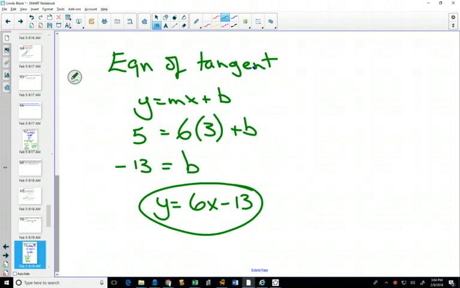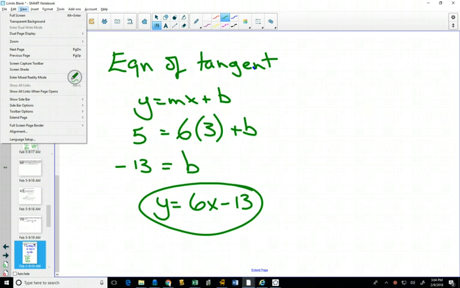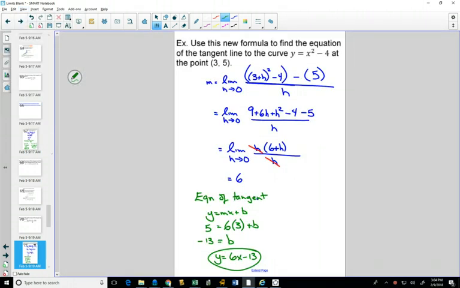Yeah, I can go back up. So we plugged in a plus h, our point 3 plus h.